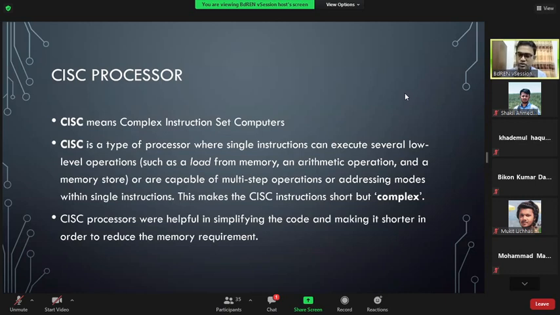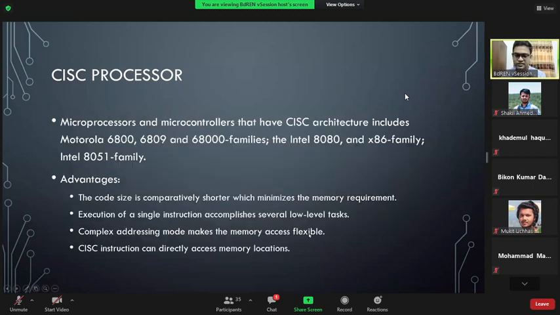So that's why it's called complex, because one line of code is a combination of several low-level operations or activities. Okay, so let's see some advantages and disadvantages. As we can see, this is our example: some Intel processors and some Motorola processors.